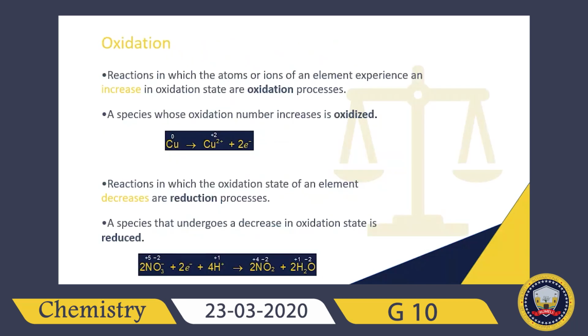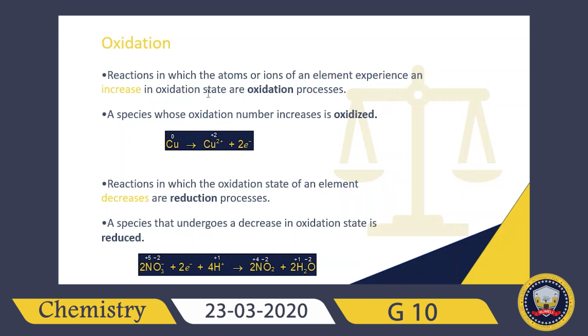Then we moved and we defined the meaning of oxidation and the meaning of reduction, and we said oxidation is reactions in which the atoms or ions of an element experience an increase in oxidation state.